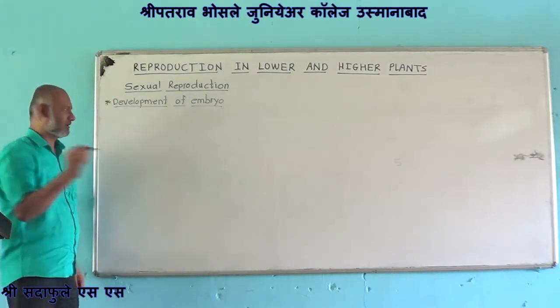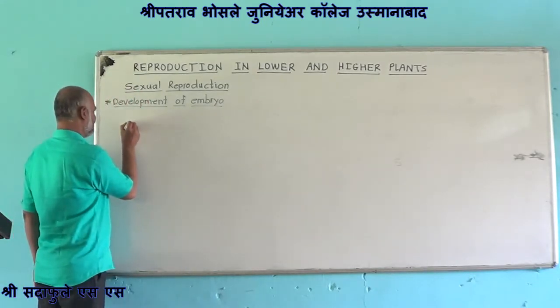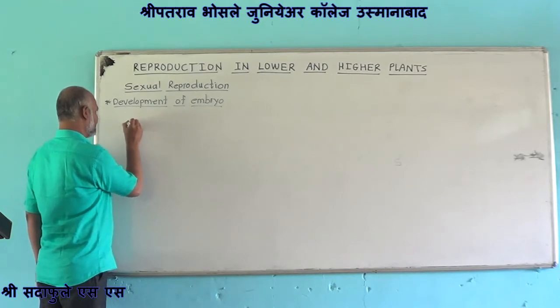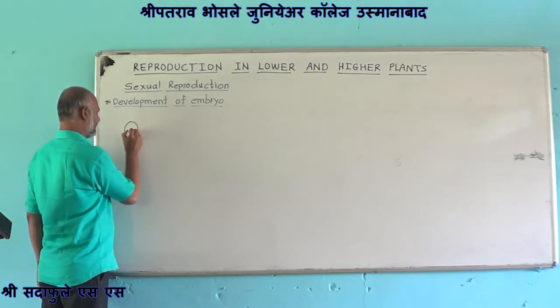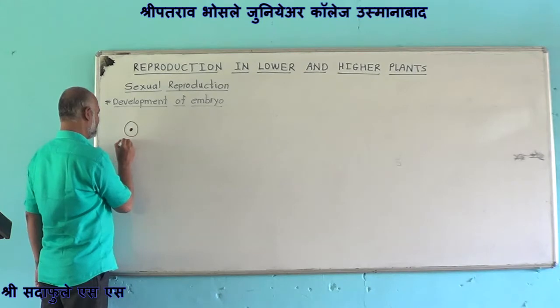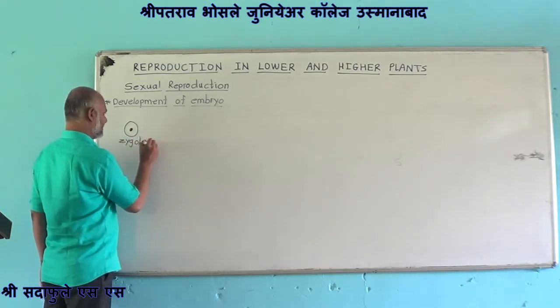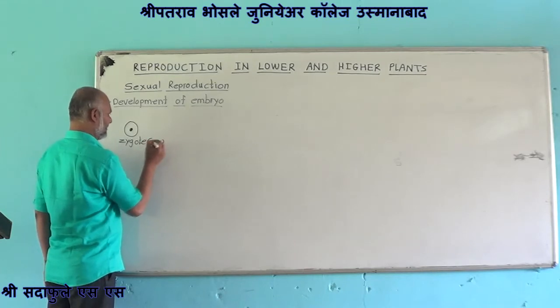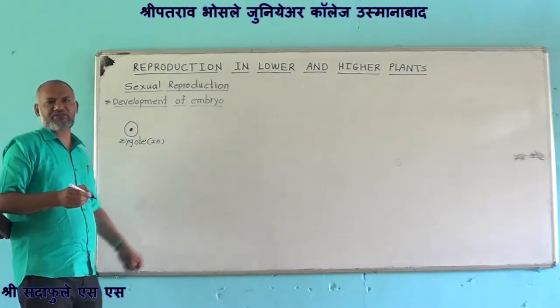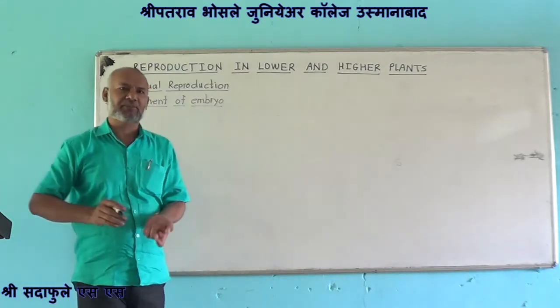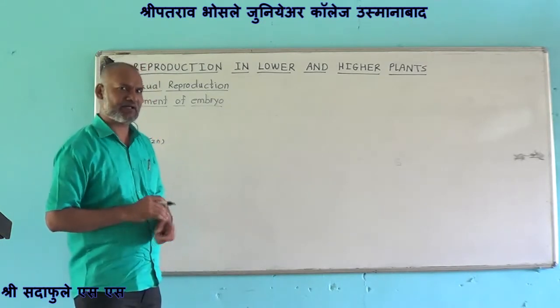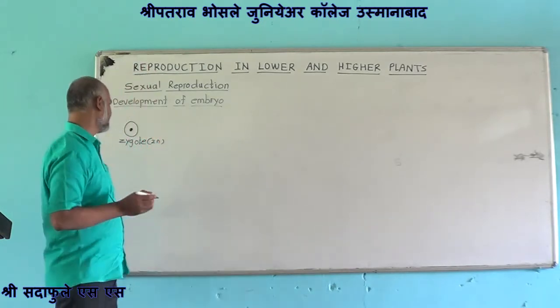Suppose this is the zygote. This zygote is diploid because it is formed by fusion of a haploid male gamete and a haploid female gamete, or egg cell.